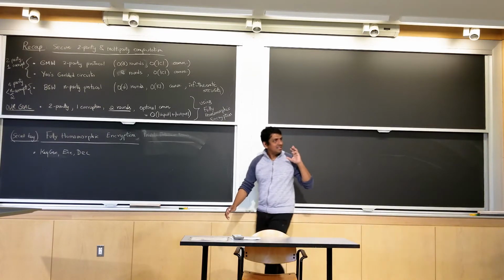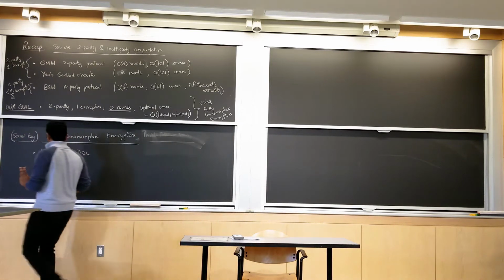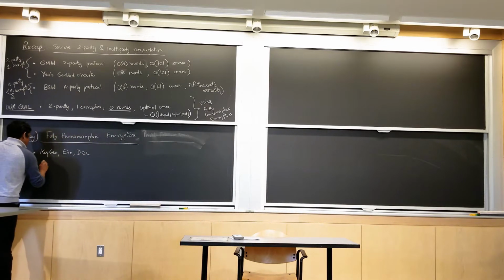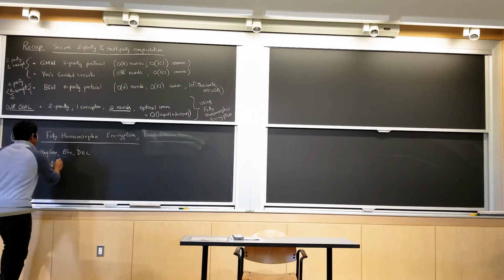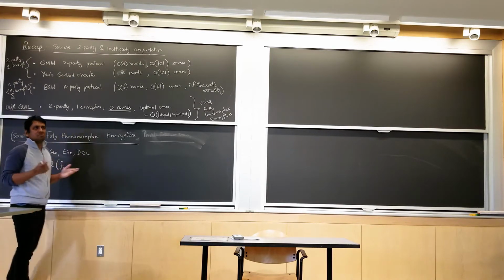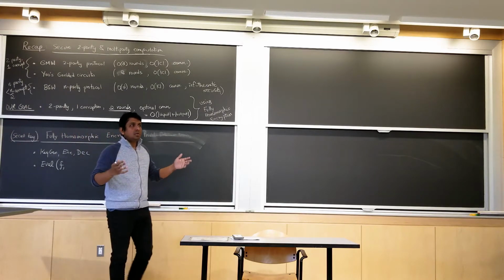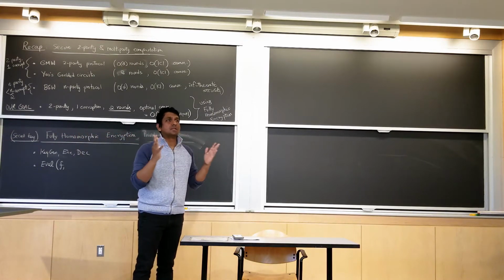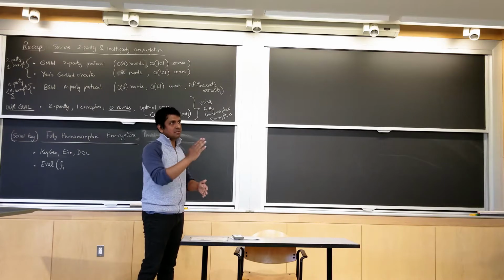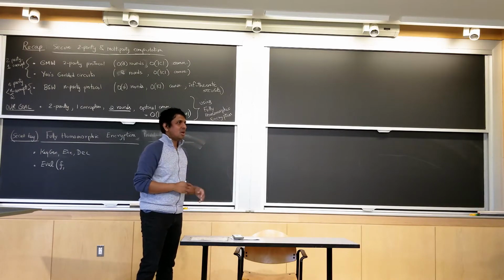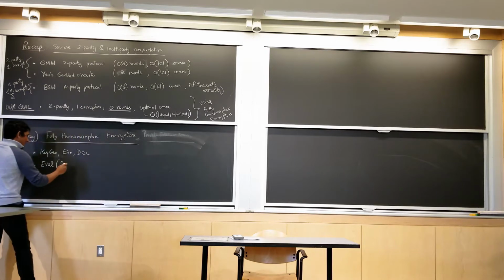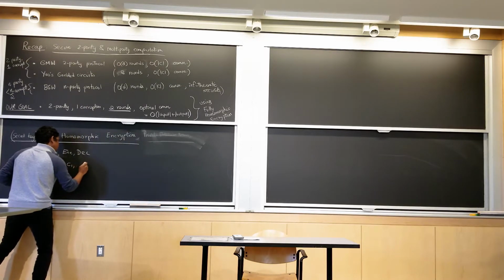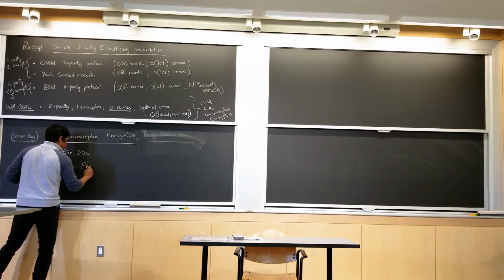The one new interesting ingredient is an algorithm called the eval algorithm, which takes as input a function f. What function f? Think of a function f as specified by a Boolean circuit. It's a Boolean circuit with XORs and ANDs, NAND gates, doesn't matter. And ciphertexts C1 up to CL.